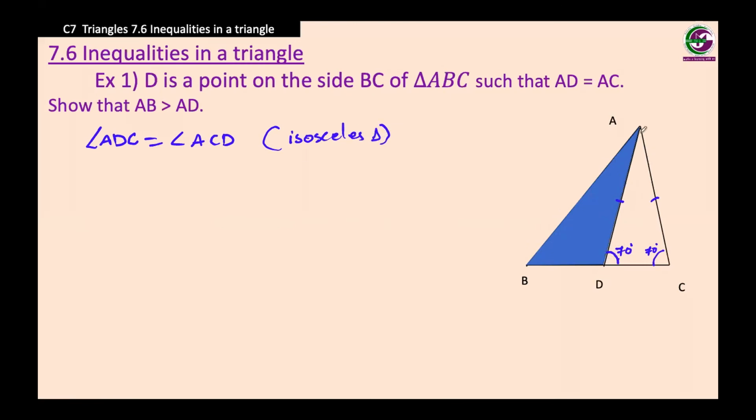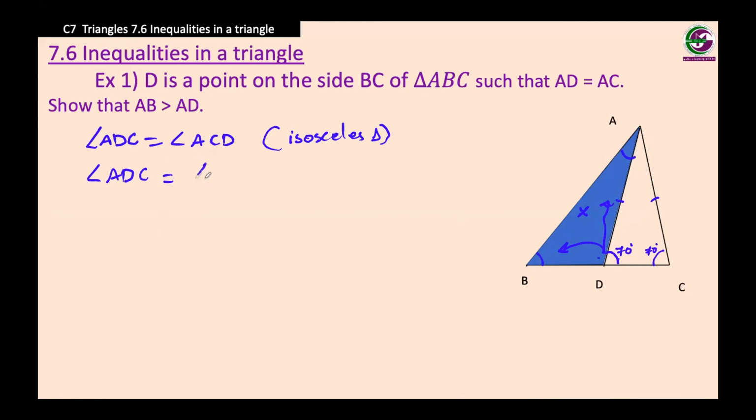At the same time, we also know that angle ADC is an exterior angle, which means ADC is the sum of angle A and angle B. Do you remember the exterior angle property? It is the sum of interior opposite angles. We can't take the adjacent, but the opposite angles.